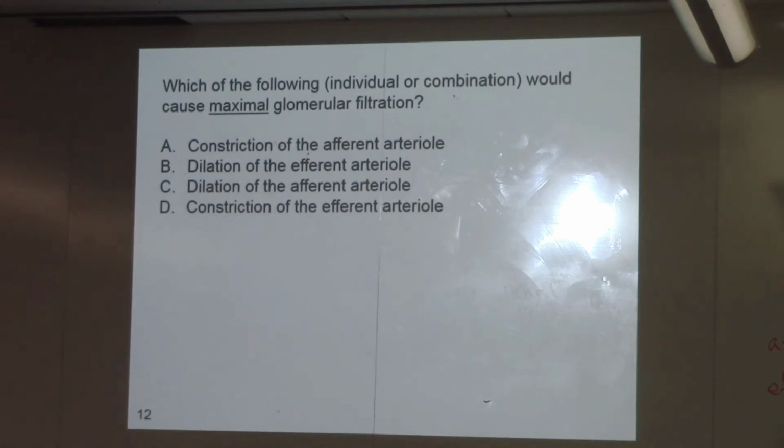Okay, let's do another clicker. Which of the following, individually or in combination, would maximize glomerular filtration?